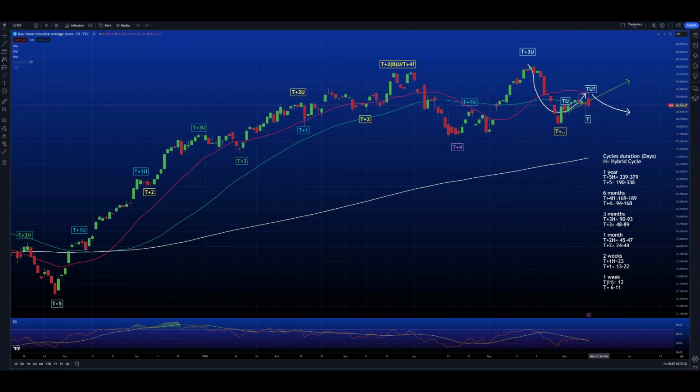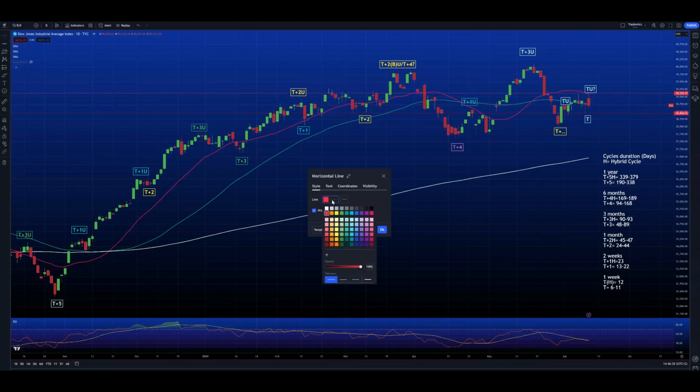Okay, so here what I can put is that we can remove basically the arrows, and what we can put as an alert is to monitor these two levels, one for proceeding the rally to the upside and another one to the downside.